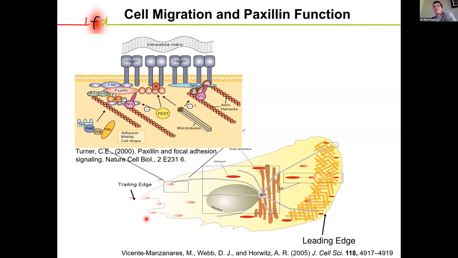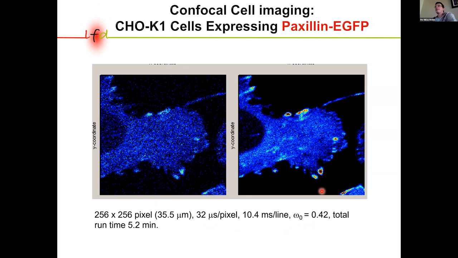And one of those molecules involved is called paxillin. And this was fluorescently tagged by using a fusion construct where the DNA for paxillin was fused to the DNA encoding for the green fluorescent protein and then expressed in CHO-K1 cells.